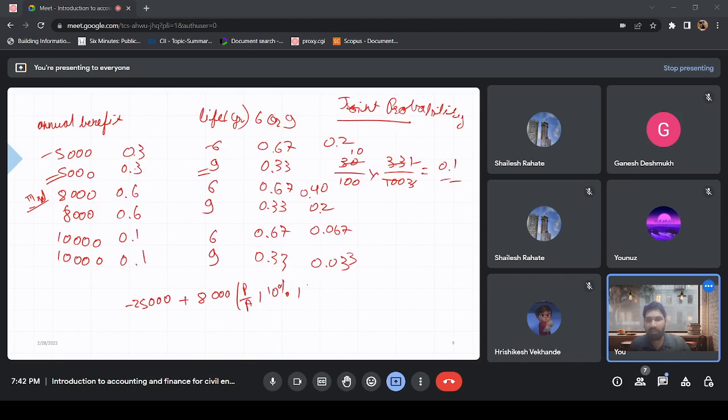The life for the third case is 6 years. You calculate that value, and the probability that it will happen is 0.4 into 0.4. Similarly, you do this for all 8 cases, and then you determine the expected value.